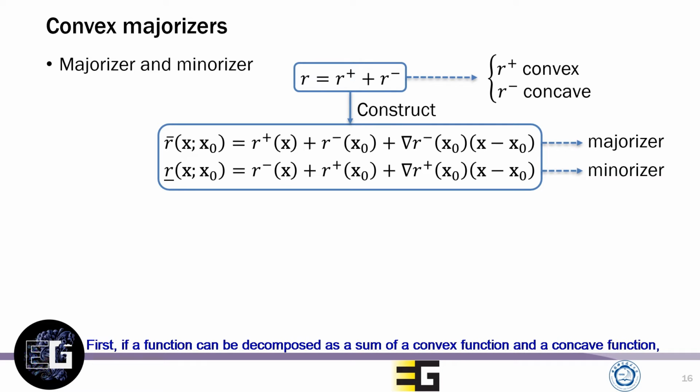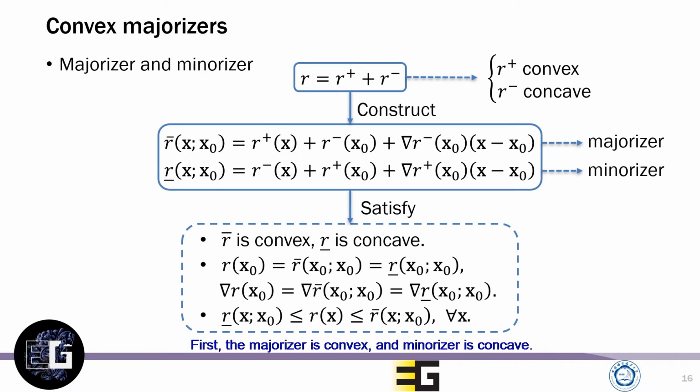First, if a function can be decomposed as a sum of a convex function and a concave function, then we can construct the majorizer and minorizer of the function at a point x sub 0, and they satisfy the following properties. First, the majorizer is convex and the minorizer is concave. Second, their values and gradients at x sub 0 are all equal to the original function. Third, they can constrain the value of the original function globally.